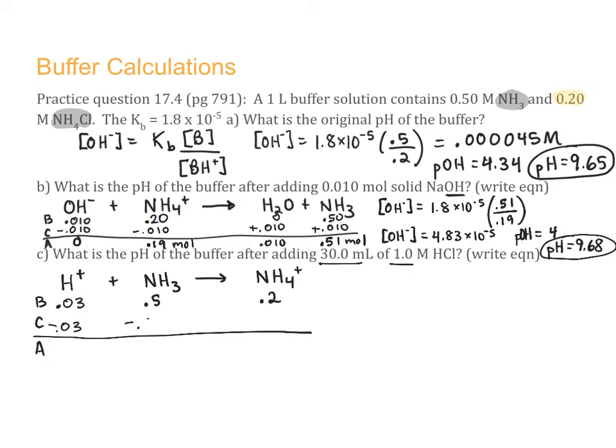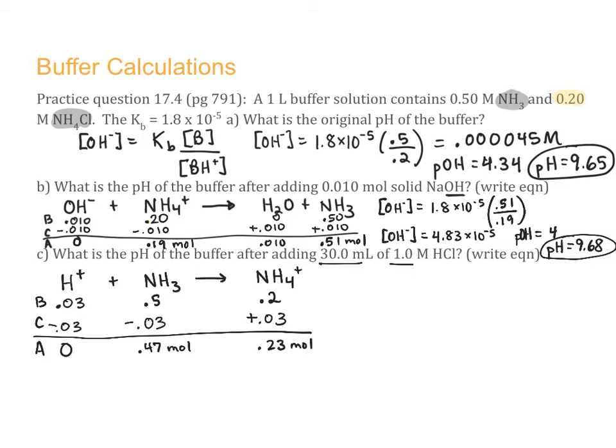So we're going to do the BCA table calculations, do the stoichiometry here. We've neutralized all the H plus. We now have 0.47 moles of NH3, and we have 0.23 moles of NH4 plus.